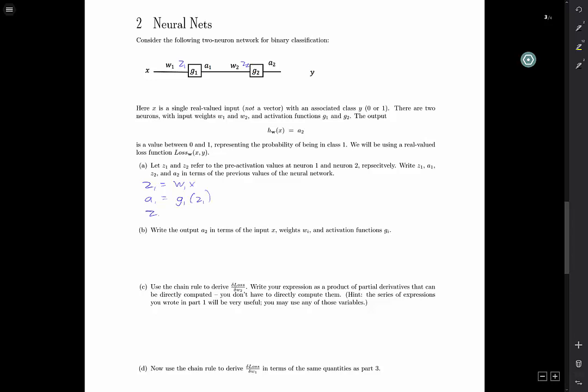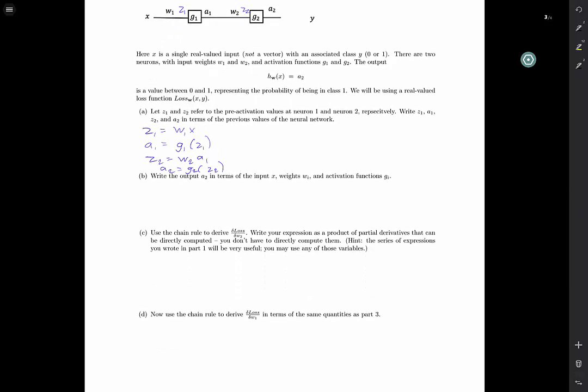Then Z2 equals W2 times A1, and A2 is applying G2 to Z2. Some of this work will overlap with the overview lecture.